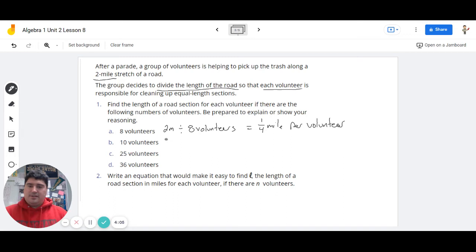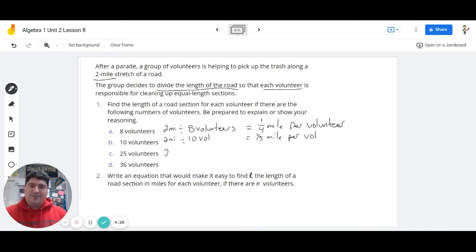10 volunteers. So 2 miles divided by 10 volunteers. That's 2 divided by 10, or 1 divided by 5. So that's 1/5 of a mile per volunteer. How about 25 volunteers?